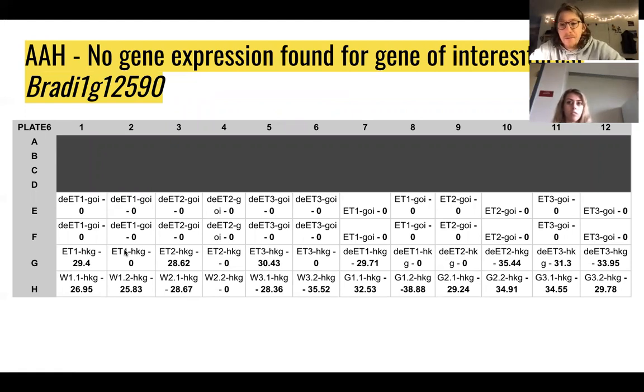As you can see here, this is the plate setup that we used, where DET means de-etiolated, ET means etiolated, GOI is the gene of interest, our gene, HKG is the housekeeping gene, and W stands for wild type cDNA provided by instructors, and G is mutant cDNA provided by instructors. So we attempted our qPCR again, and again, no data was found.